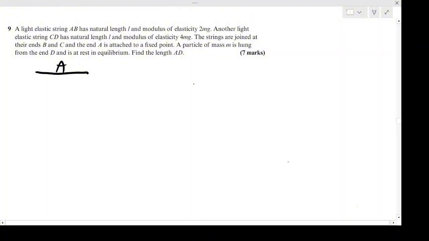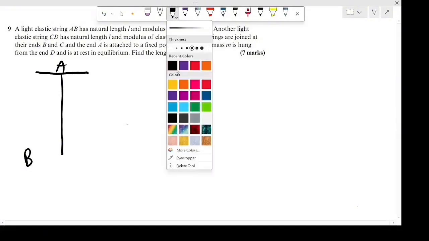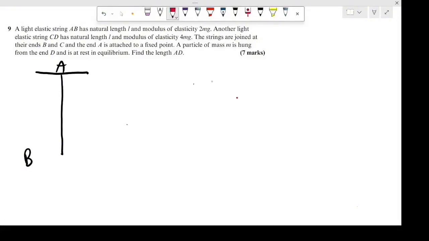So the first string is going to hang down to a point B, okay? Then that's when the next string comes in. I'm going to do that in red.